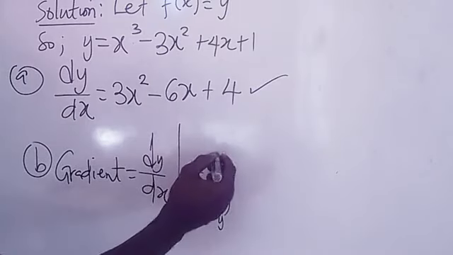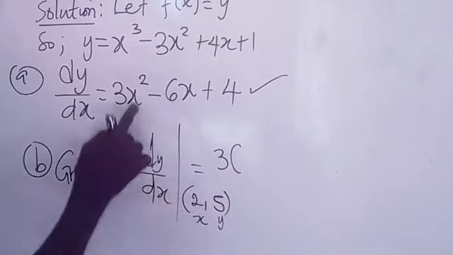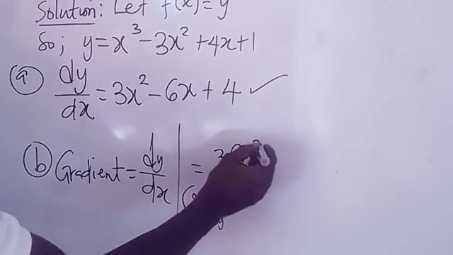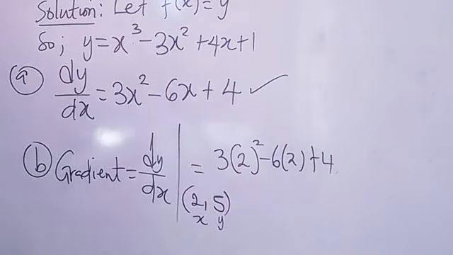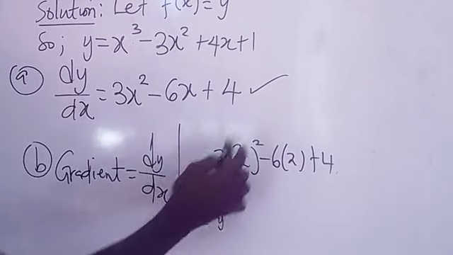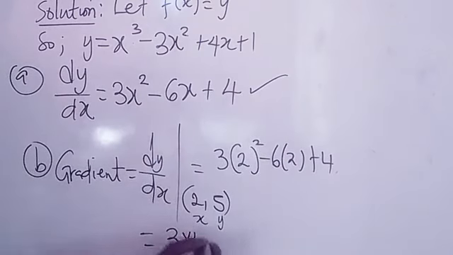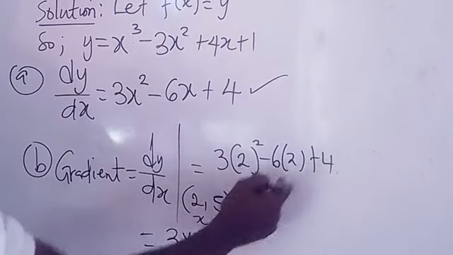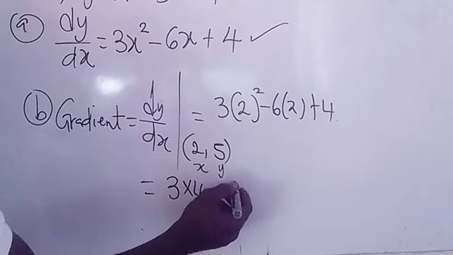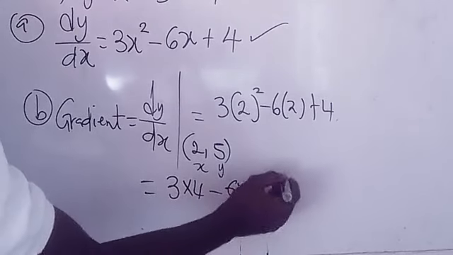This is going to be 3 into bracket. Anywhere you see x, you put 2. 2 squared minus 6 into 2, then plus 4. So from there, 3 times 4, because 2 squared will give us 4, minus 6 times 2, we have 6 times 2 plus 4.